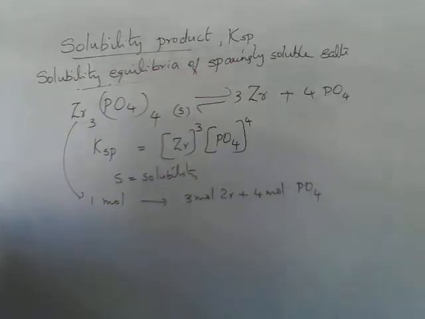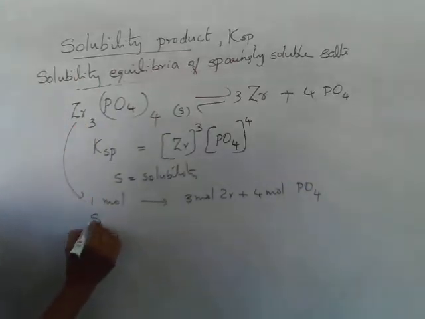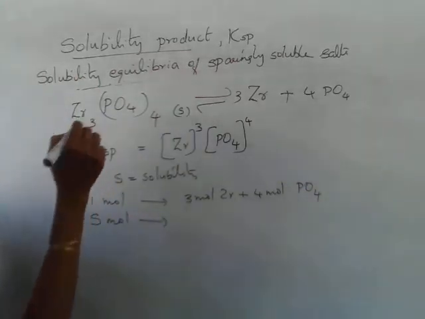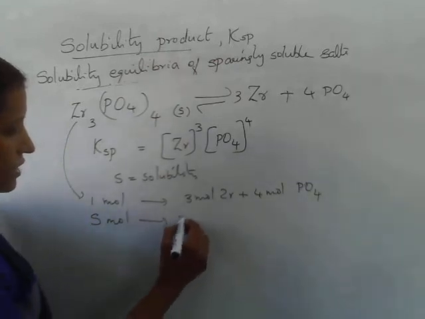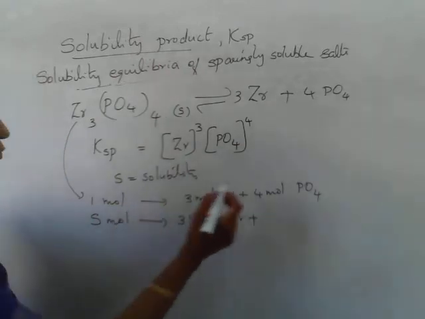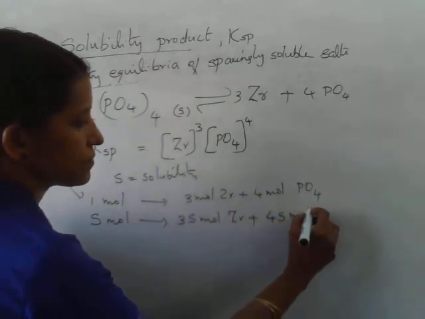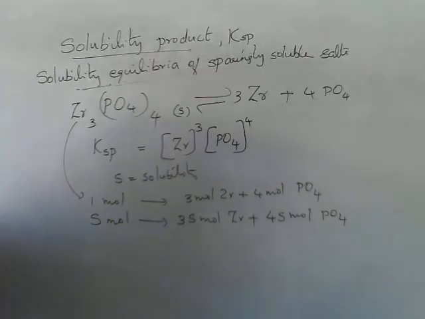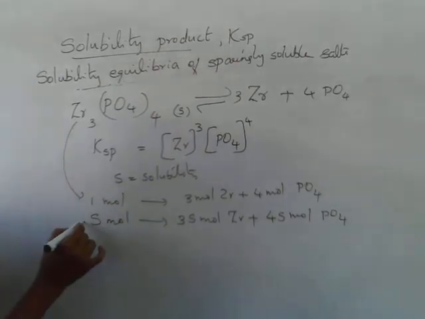Here the solubility is S mole, no? S mole zirconium phosphate will give 3S mole zirconium, right? And 4S mole phosphate. Clear?